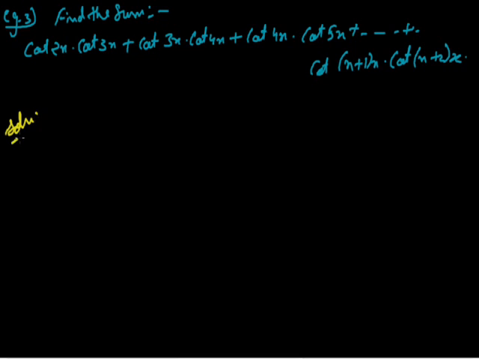Therefore, according to the problem, we know that cot x is equal to cot((n+2)x minus (n+1)x).